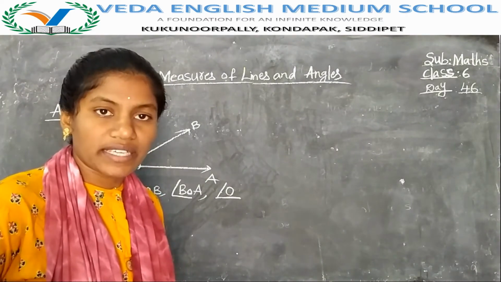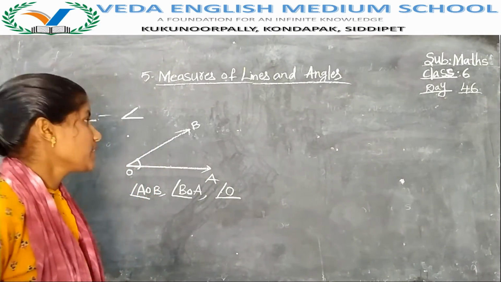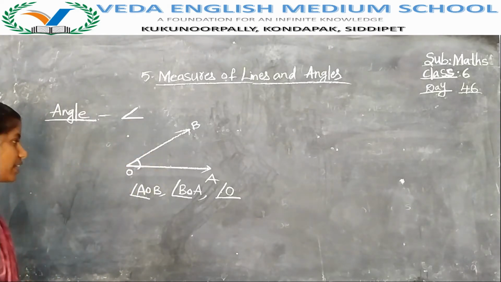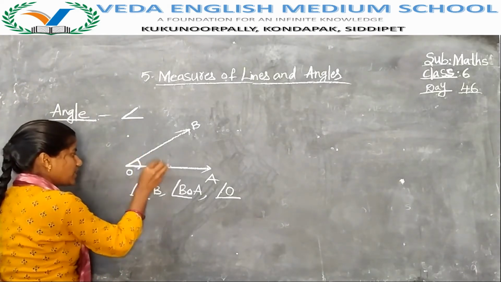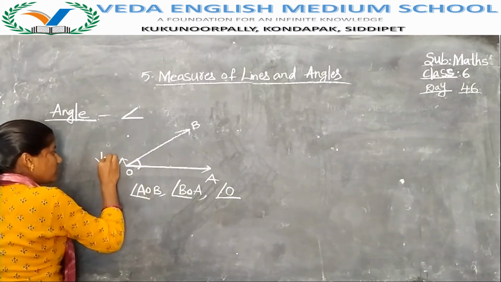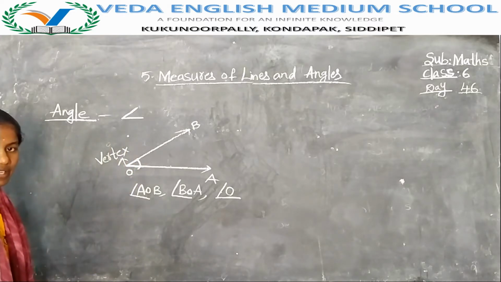If two rays intersect at the same point, then an angle will form there. That is the definition of angle, and this is the symbol of angle. Here these two rays intersect at O. O is called the vertex of an angle.